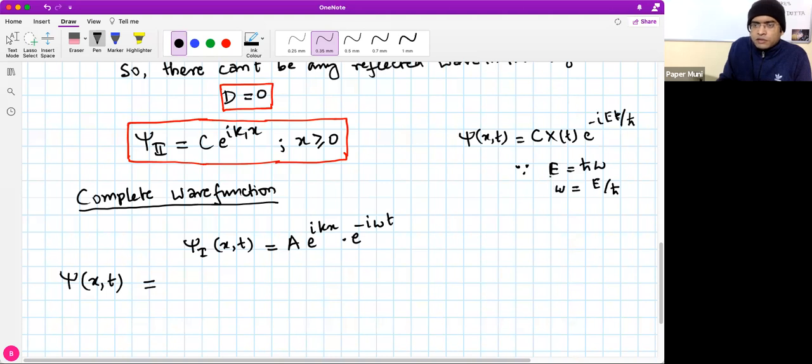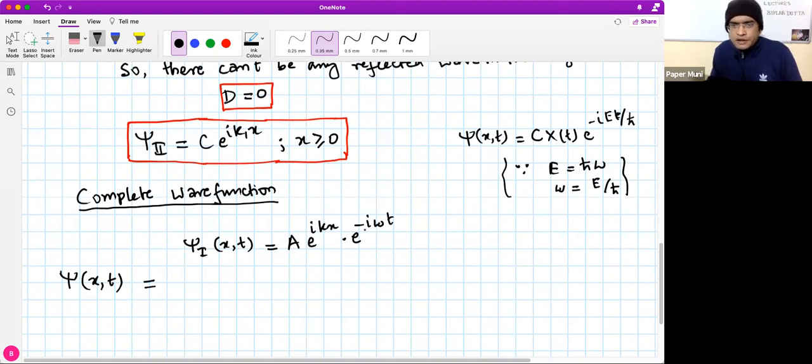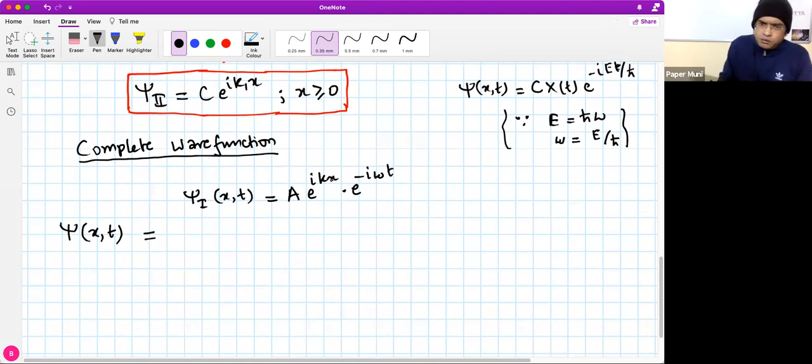You can write it in energy also, but it's customary to write it in omega format. Nothing so significant to talk about. So we have minus i omega t, and this is the form we get for the complete wave function in region 1.